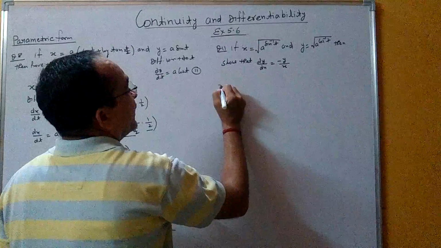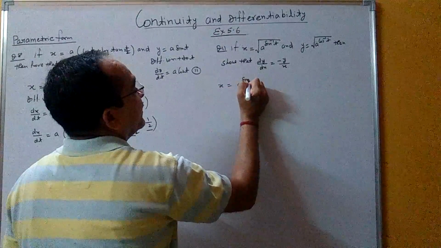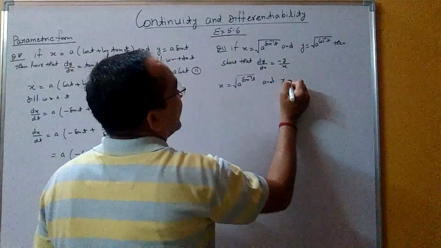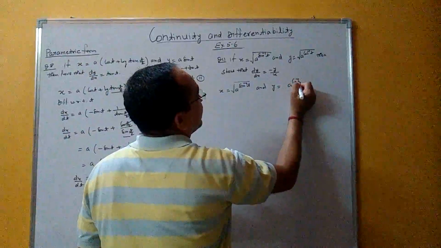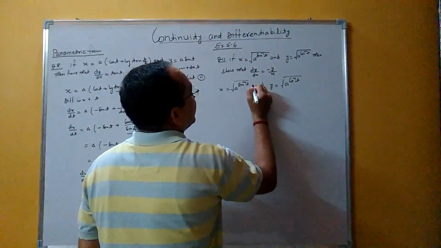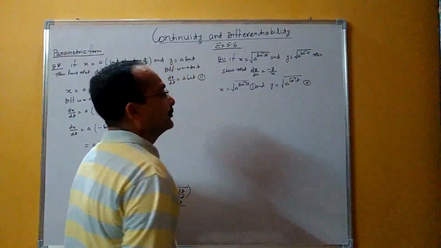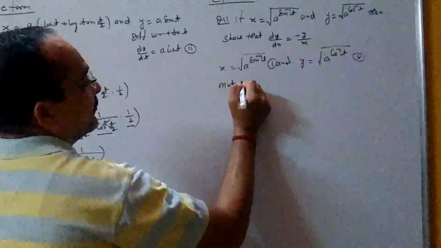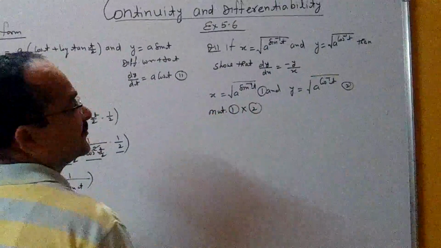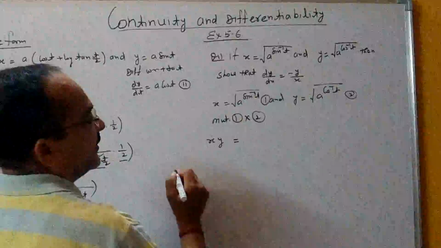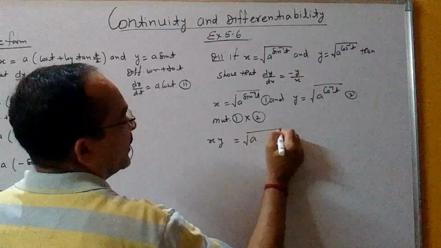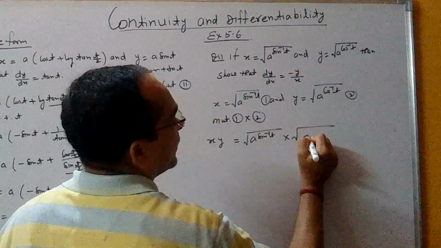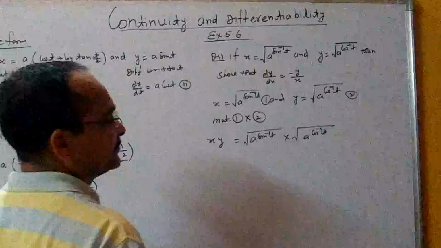First, x is equal to under root a to the power sin inverse t and y is equal to under root a to the power cos inverse t. This is number 1, this is number 2. Multiply 1 and 2. So xy is equal to under root a to the power sin inverse t into under root a to the power cos inverse t.